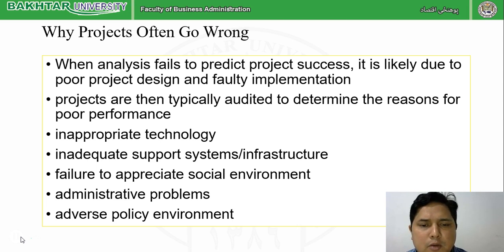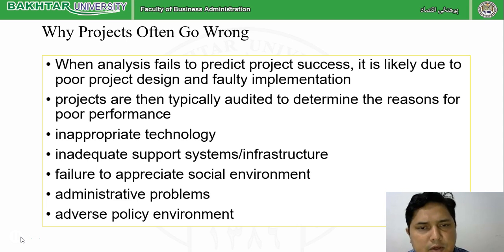Administrative problems: not able to control the people, the funds, or the things as per the plan. This is also the adverse policy environment. It means there is mismanagement from the client, the parent company, the manager, or other people, and also inability to do conflict management.